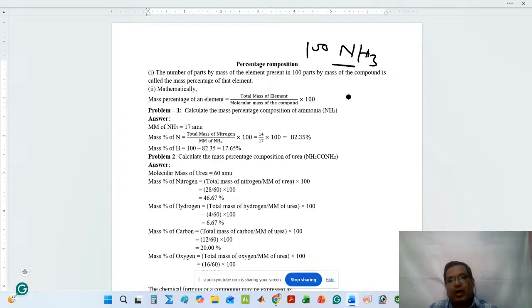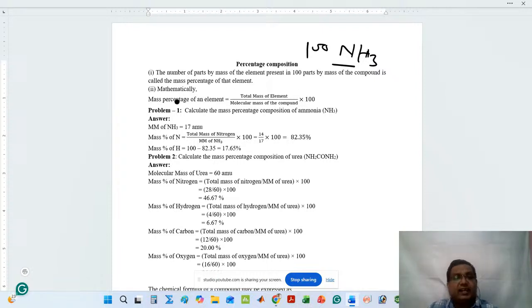You aim to find how many grams of nitrogen and how many grams of hydrogen are present in 100 grams of ammonia, that is NH3. This is called percentage composition.